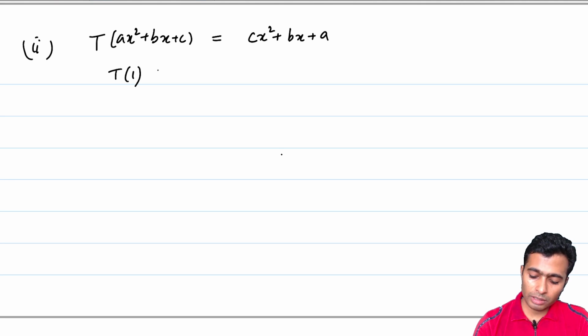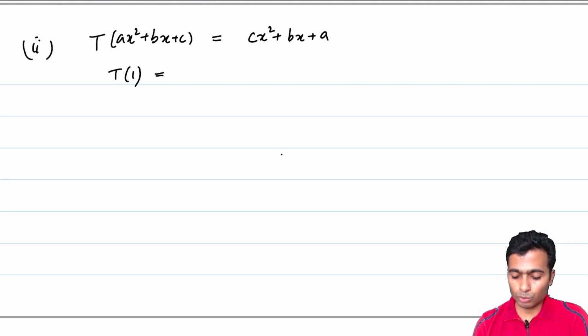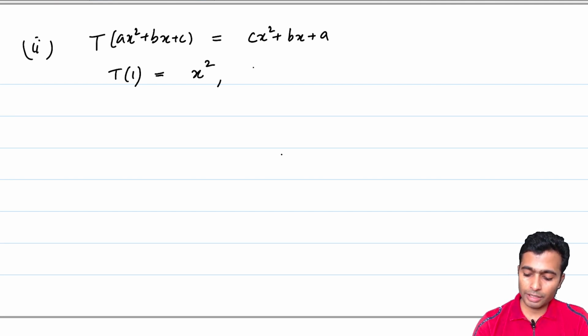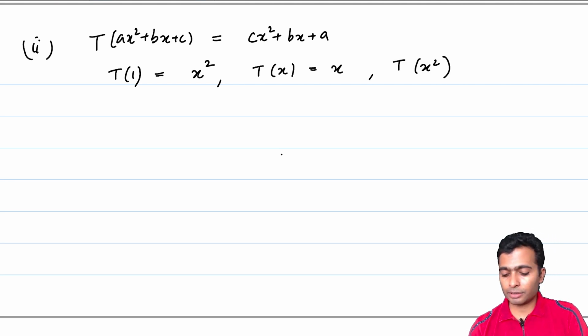T of 1 is just equal to 0x square plus 0x plus 1, which turns out to be x square here. Similarly, T of x is equal to x, and T of x square is 1.